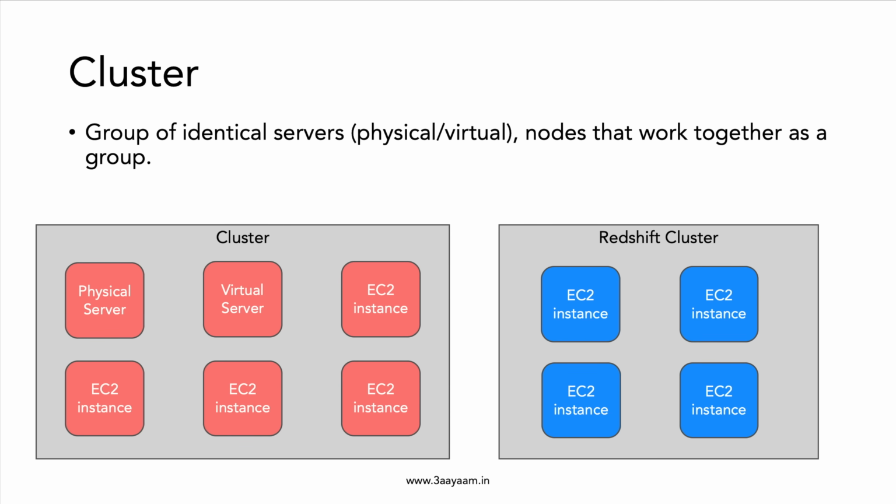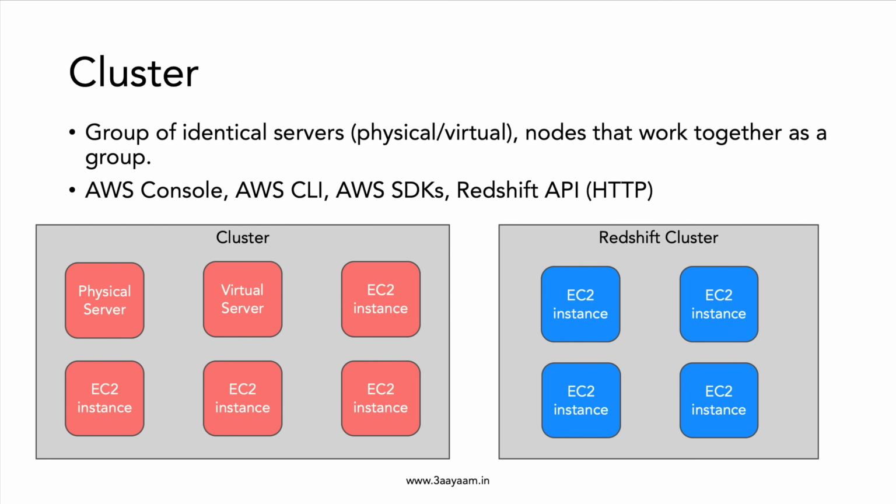Now all these EC2 instances are connected to each other using high-speed network connectivity. You can create a Redshift cluster using the AWS console, or the AWS CLI, which is the AWS command line interface, or AWS SDKs, which are software development kits. We can have AWS SDKs in Java, Python, .NET, C Sharp, etc. Or we can use Redshift APIs also, which can be sent over HTTP requests.